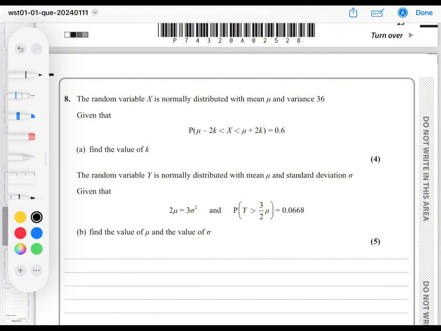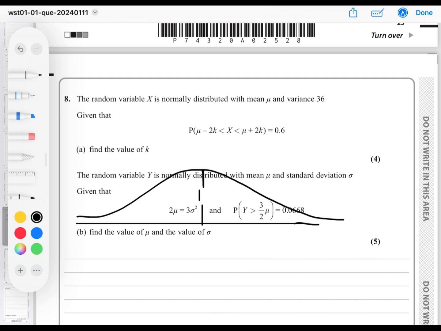So now if I make the bell-shaped curve, this is mu, and let's suppose this is the positive side, where we add the standard deviations. So what will be the standard deviation?